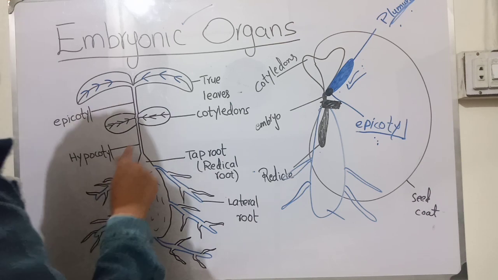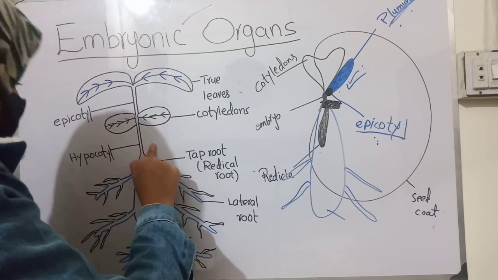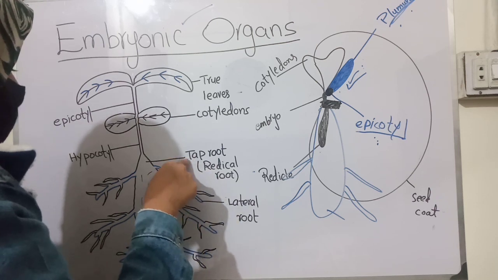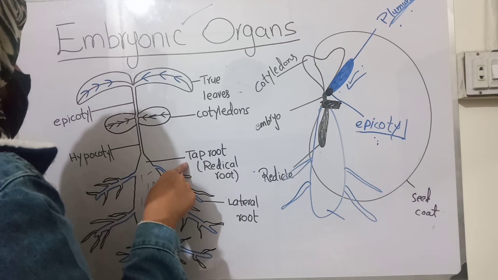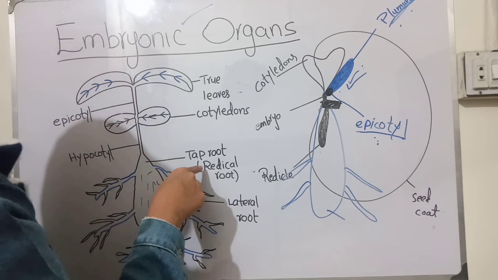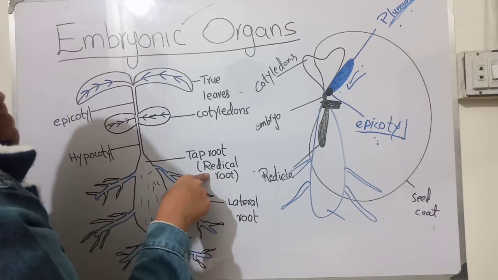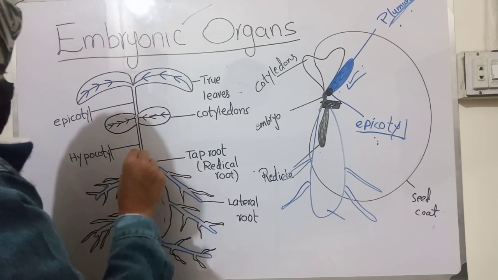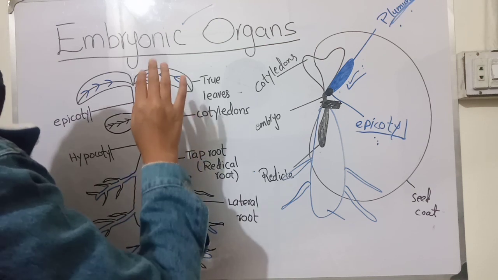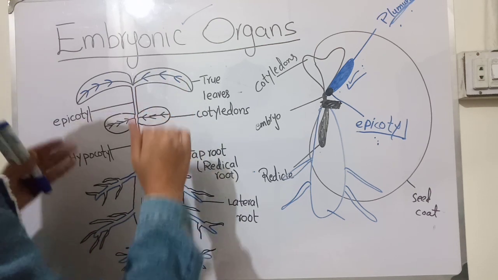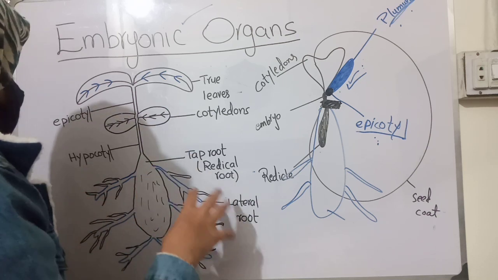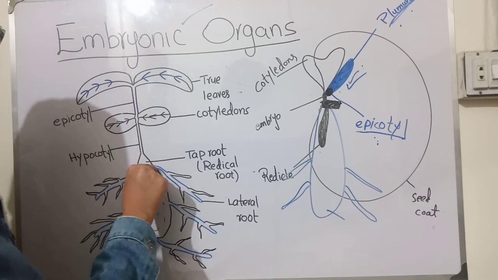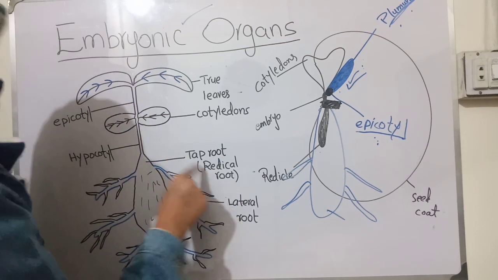This is the hypocotyl, which is present below the cotyledon, and it exerts pressure on the radicle root. The radicle root is the taproot because it is formed from the radicle, and the radicle emerges from the embryo. The hypocotyl exerts pressure on this taproot so that it anchors perfectly in the soil. And these are the lateral roots which emerge from the taproot.